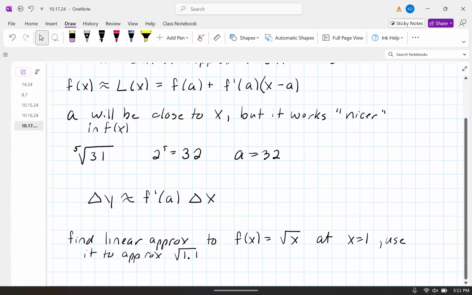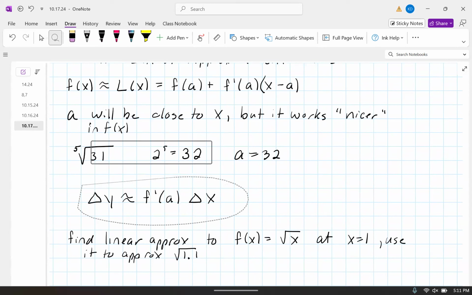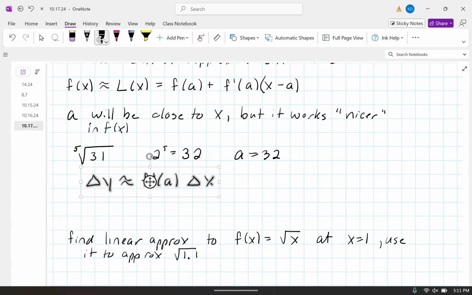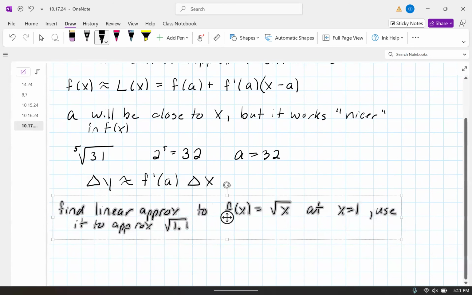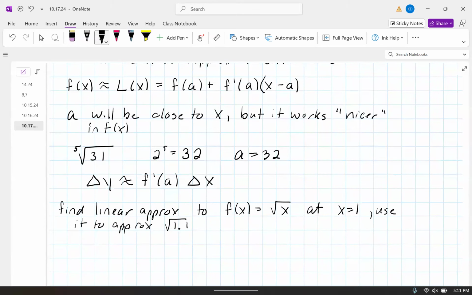Lost my formula there. Scoot this up a little bit. Okay, so we are going to use our formula to find the linear approximation of square root of 1.1. We know it's going to be 1-ish, but let's be a little more formal about it. So our equation, L of x, I'm going to just rewrite what we have up here.